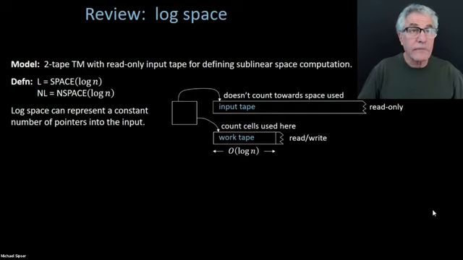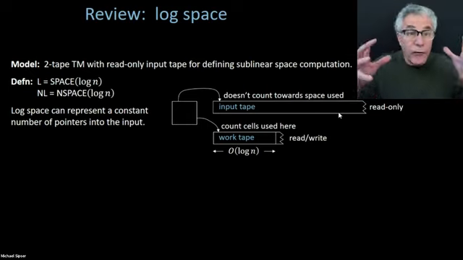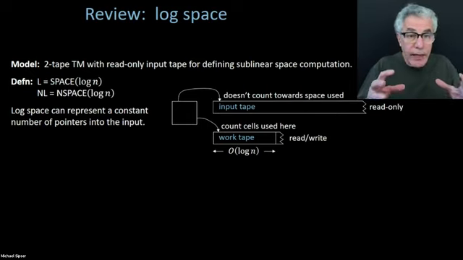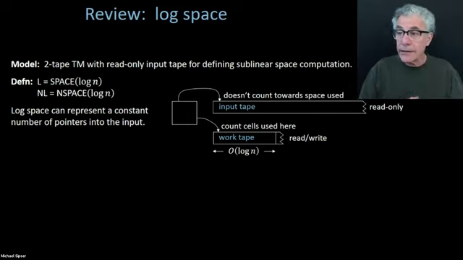So in order to talk about space complexity classes that are smaller than n, we had to introduce a new model, which was the two-tape model, where there was a read-only tape that had the input on it, which you normally would think of as something very large, the whole internet, or something so big that you can't read it into your local memory.